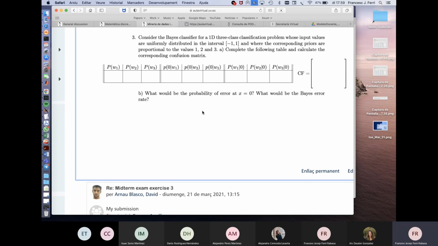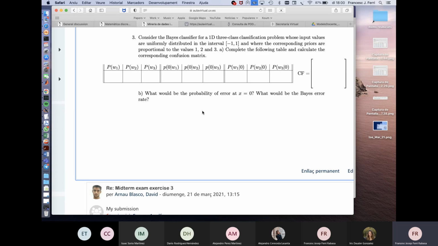Someone wrote in there that, in fact, in the slides, we were writing these expressions for two classes. I suppose that this is quite clear for two classes, but now we have three classes. What's the probability of error, either at x0 or in the whole space? The only difference is taking this value here or integrating through the whole support.